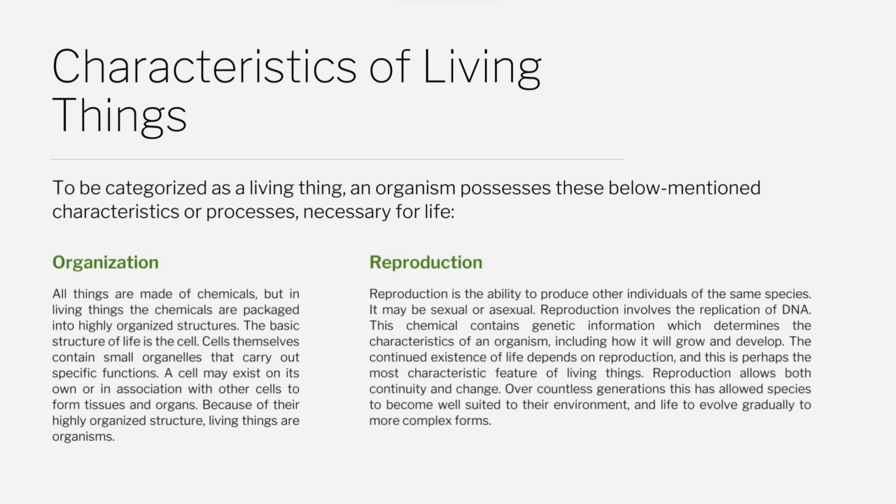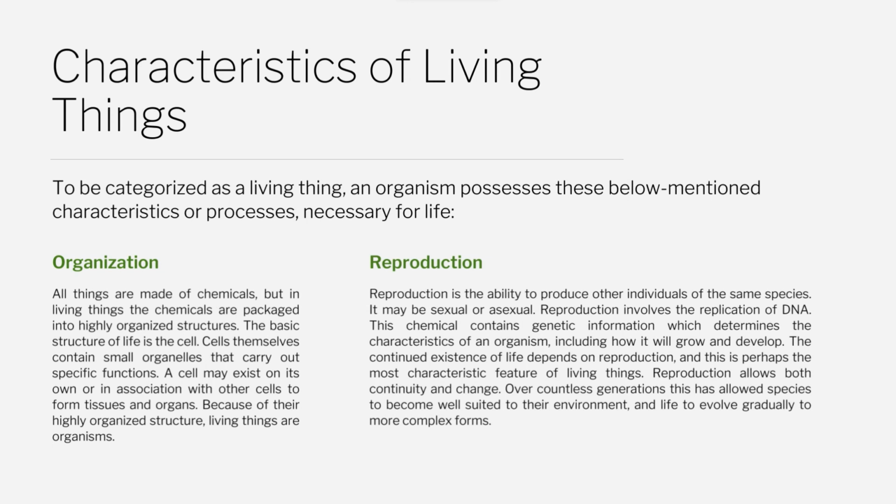Characteristics of living things. To be categorized as a living thing, an organism possesses these below-mentioned characteristics or processes necessary for life. Organization. All things are made of chemicals, but in living things the chemicals are packaged into highly organized structures.